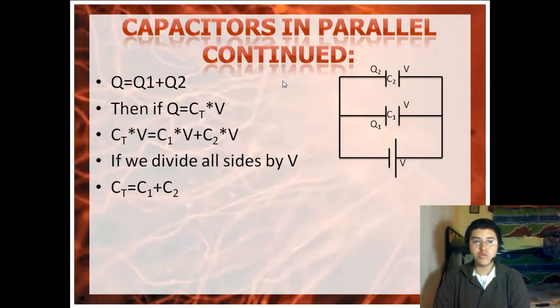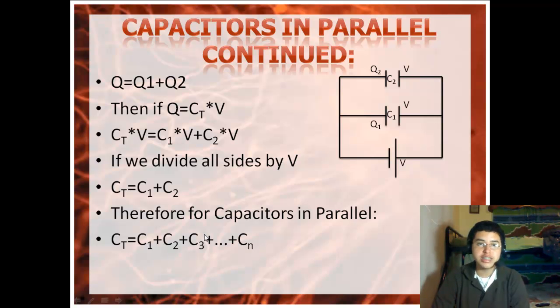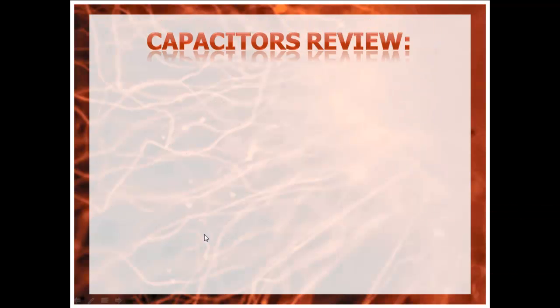Or as seen here, the total capacitance equals C1 plus C2. Therefore, for capacitors in parallel, the total capacitance equals the summation of all the capacitances present in the system.